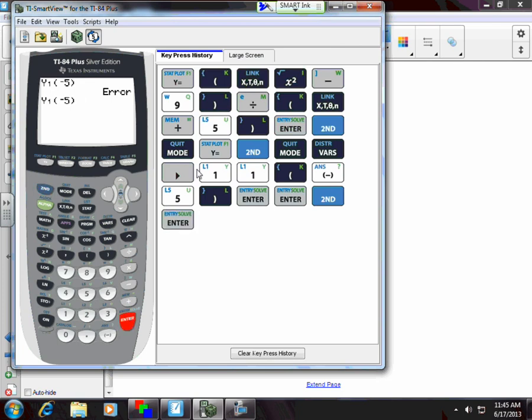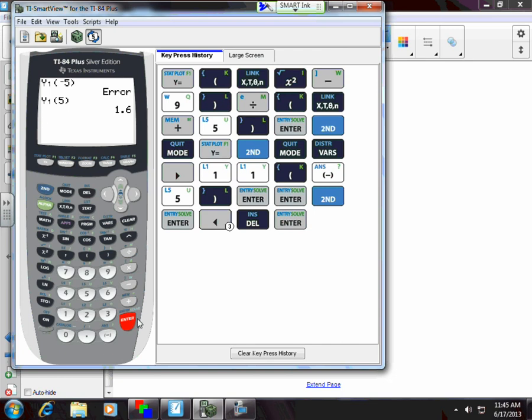And that brings us back to y1 of -5. So we just use the arrows. We'll go back on top of the negative sign, and we'll just delete it. So we'll press del for delete. And now we have y1 of 5. Enter. 1.6.